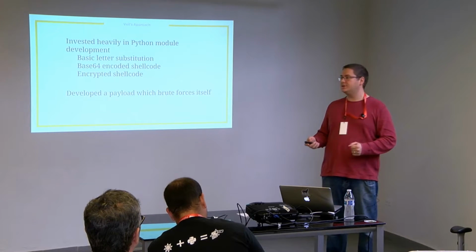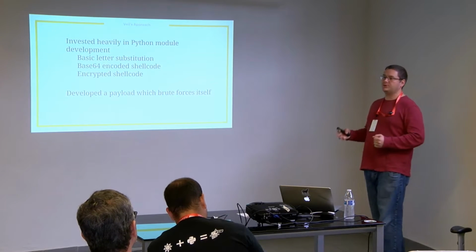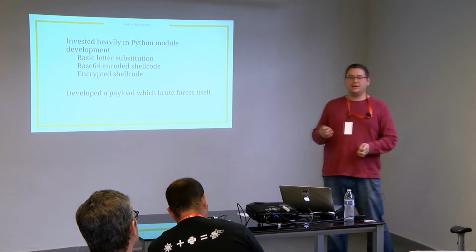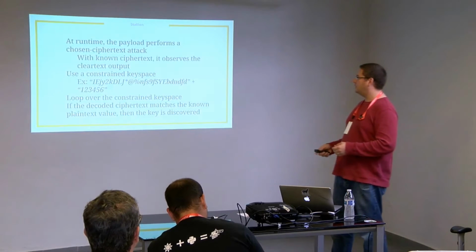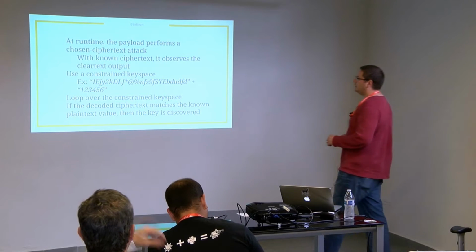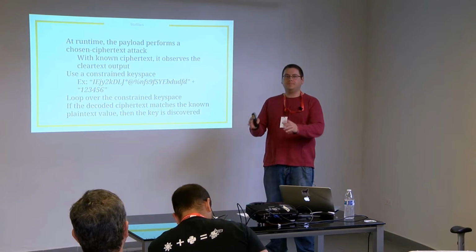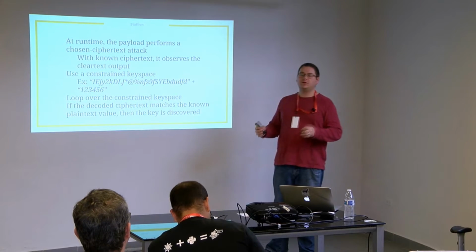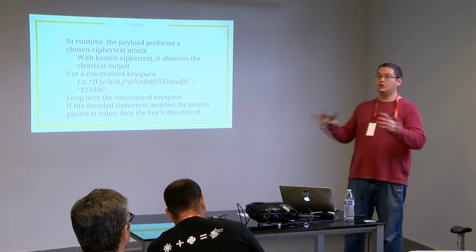One of the cool things that we did was develop a payload which brute forces itself. This is based off another existing tool called Hyperion, and I'll go over this concept. At runtime, this program has to brute force itself. It has all this encrypted code inside of it that there is no full key for.